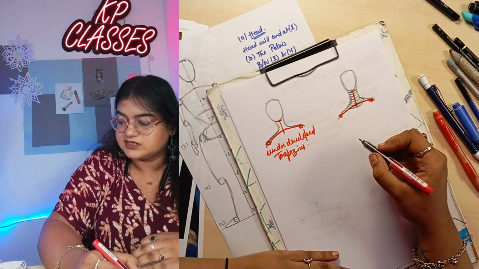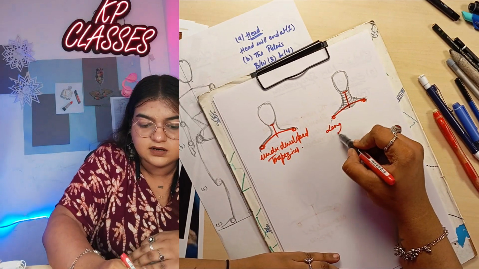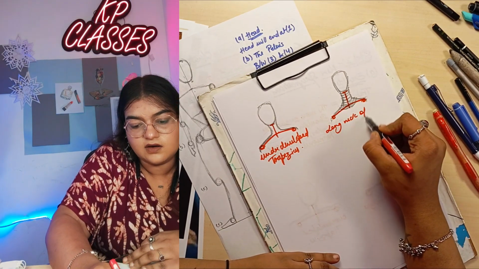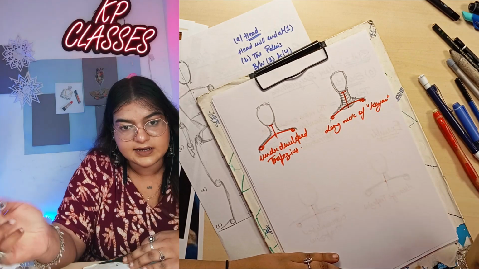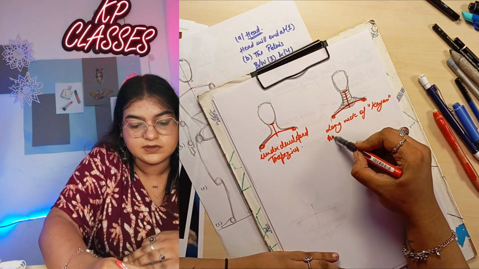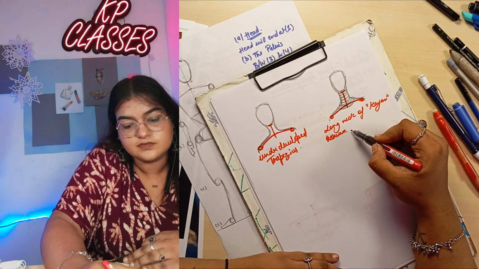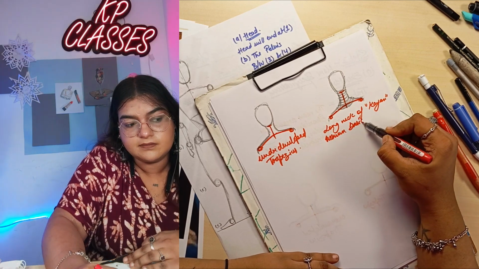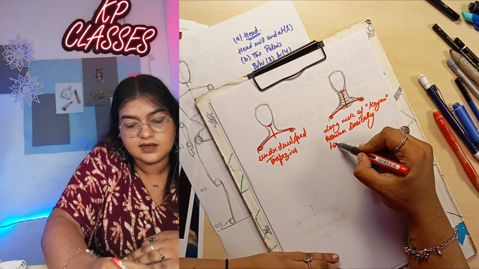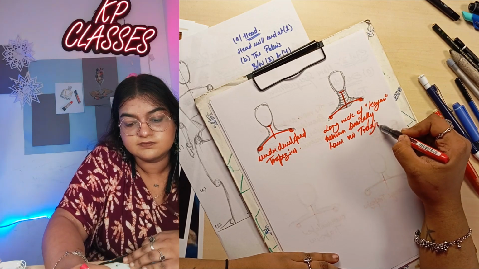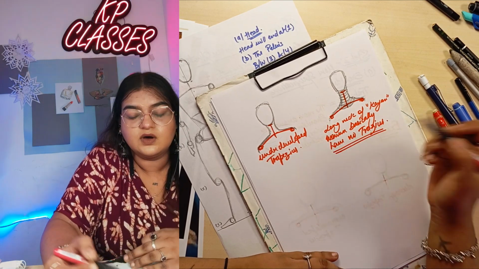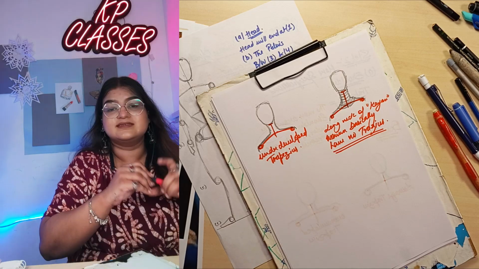So basically, the long neck of the Kayan woman. So again, this was an example.